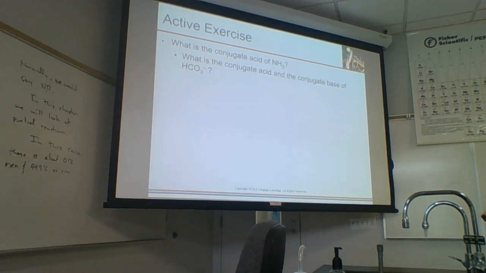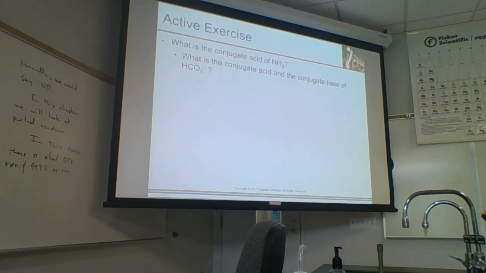Okay, this is just looking at some conjugates. What is the conjugate acid of ammonia? What is the conjugate base of bicarbonate? What is the conjugate acid of ammonia? That means ammonia acts as the base. Bases take protons. What is the conjugate acid and conjugate base of bicarbonate?